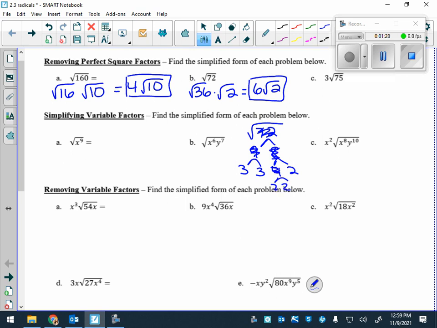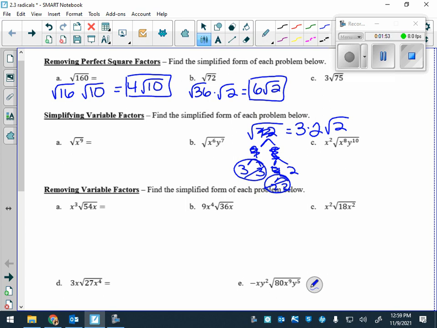If I do something called the factor tree, I break it down into prime factors as far as I could go. Since we're looking at the square root, every pair I circle, one comes out. If I circle another pair, here's 2's. Whatever I do not circle stays inside, and then I multiply. 3 times 2 gives you the 6 root 2.